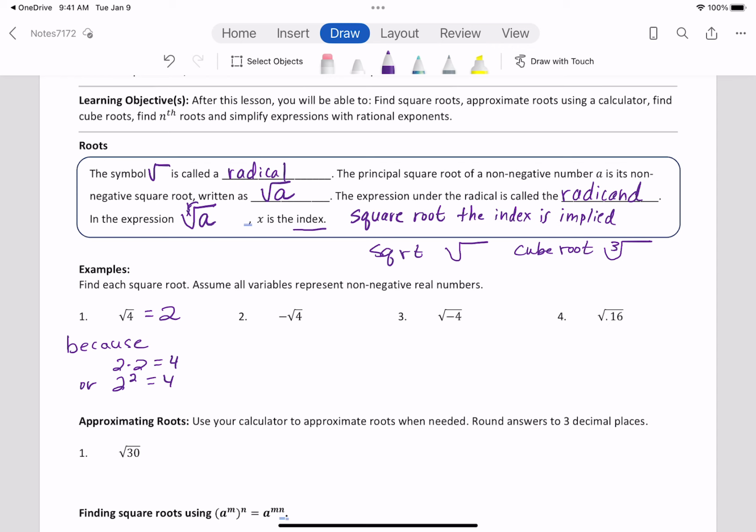So what we need to know is that squaring and square roots are inverses of each other, and that means that they undo each other.